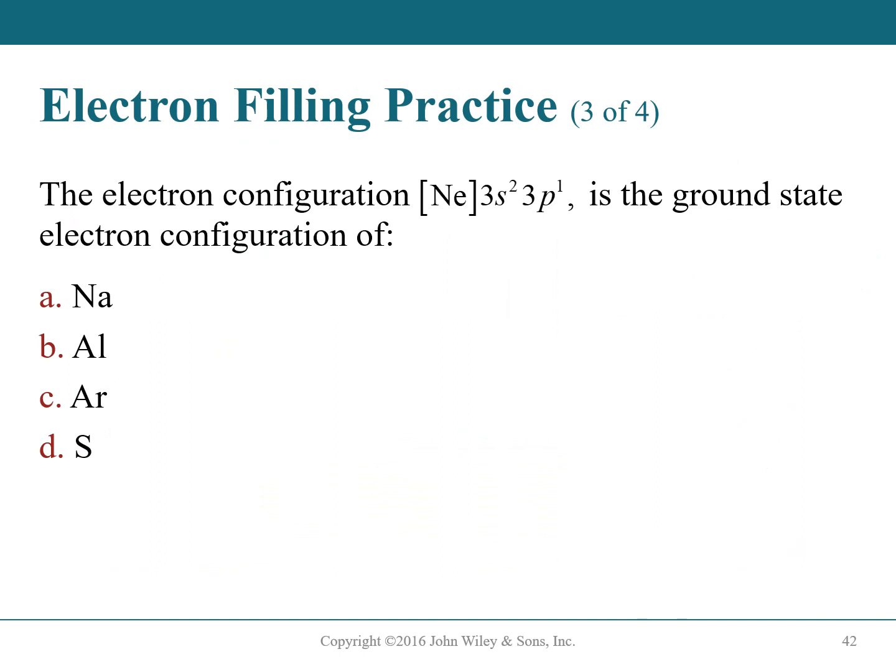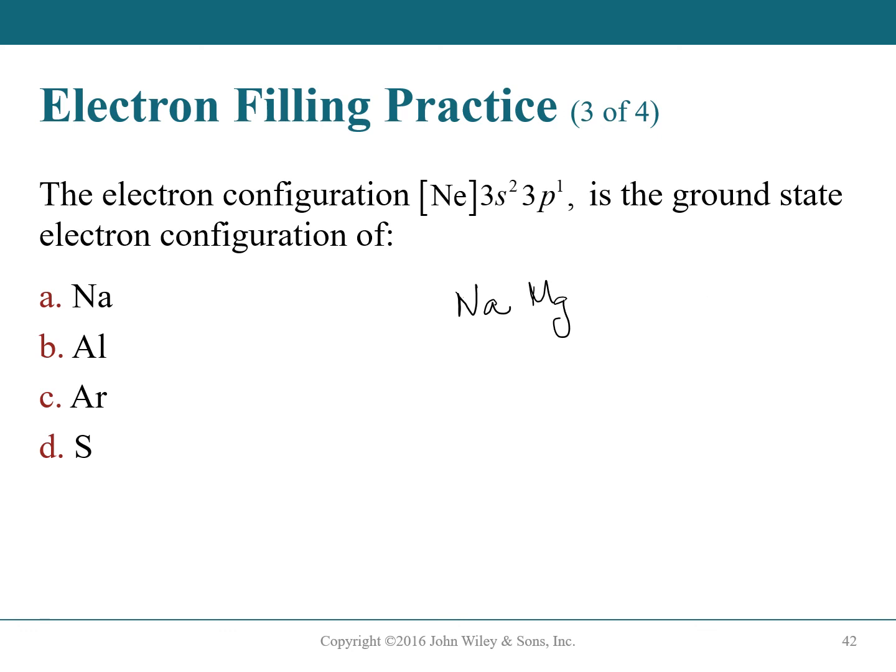Okay, so let's practice. If we start off at neon, this finishes row 2. Now we go to row 3, and 3s1 is sodium, then magnesium, and then we have this gap, and then we have boron, carbon. Oh, sorry. I misread that.